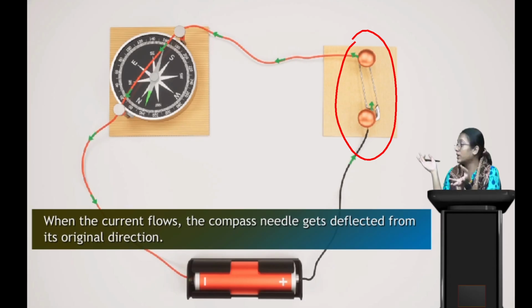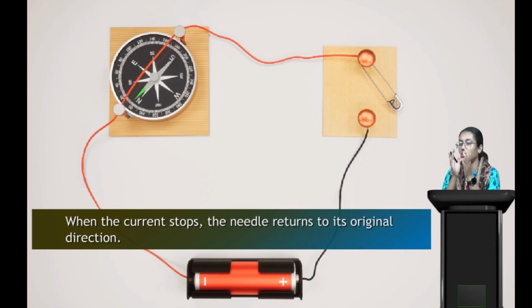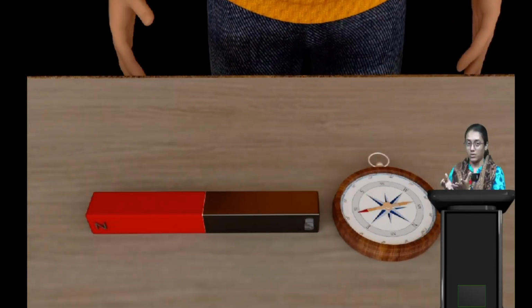So, due to this reason, as the current is flowing, the compass needle gets deflected from its original position. And whenever we are turning off the switch, when the current stops, the needle returns to its original direction.